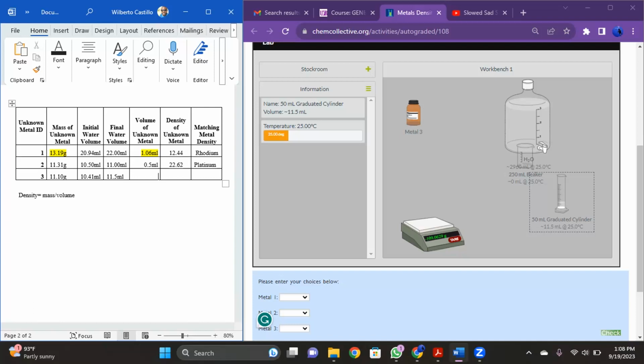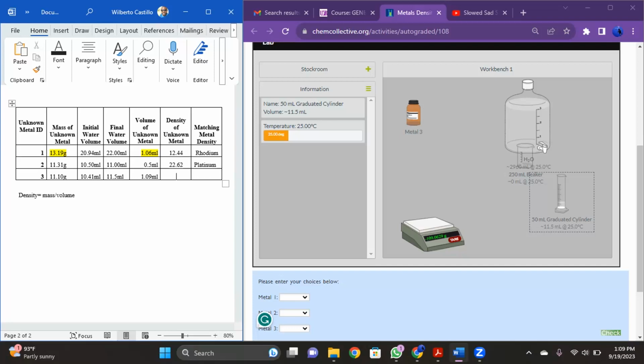Then we do our trusty calculation, which would be 11.5 milliliters minus 10.41 milliliters. That's going to give us a value of 1.09 milliliters. So that's the estimated volume of our metal.